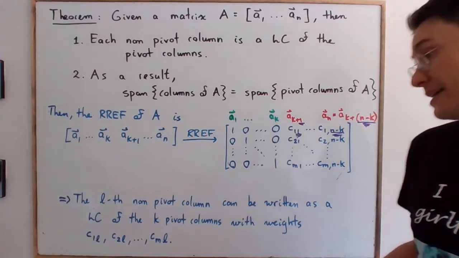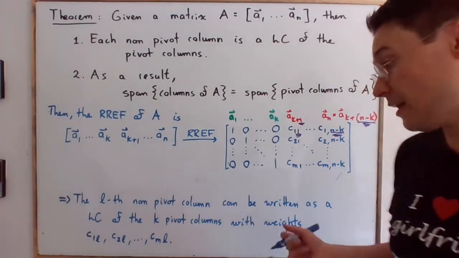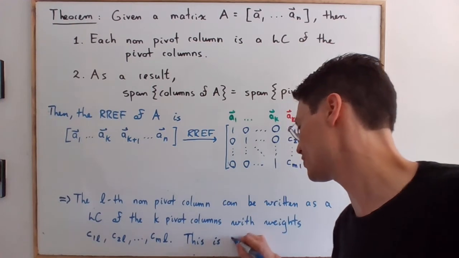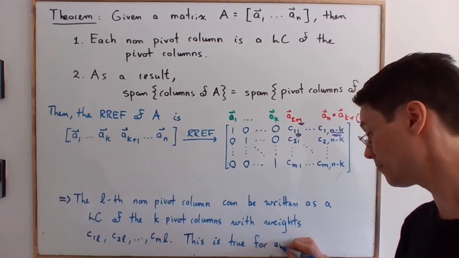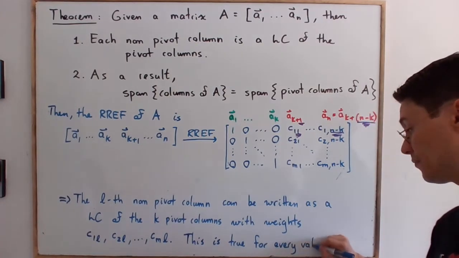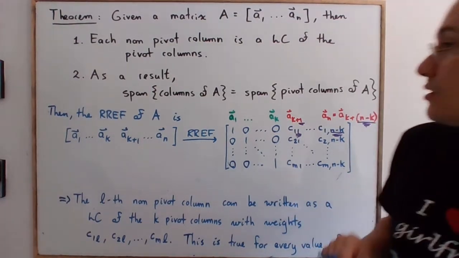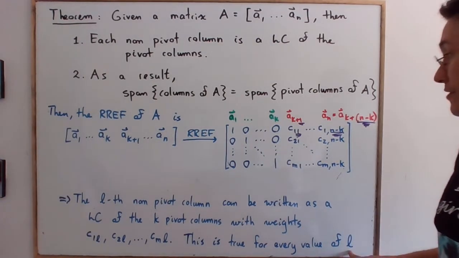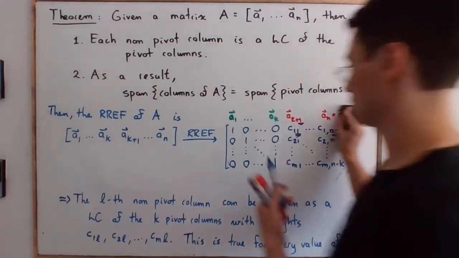Okay, and then since this is true for every value of L, unfortunately I have to erase this, but it's true for every value of L from 1 to n minus k.